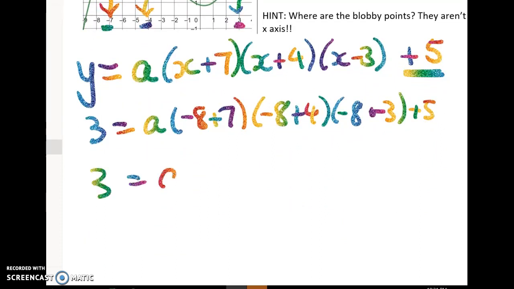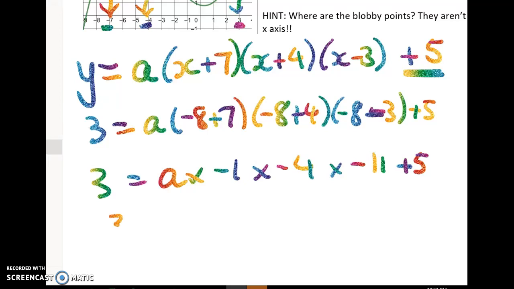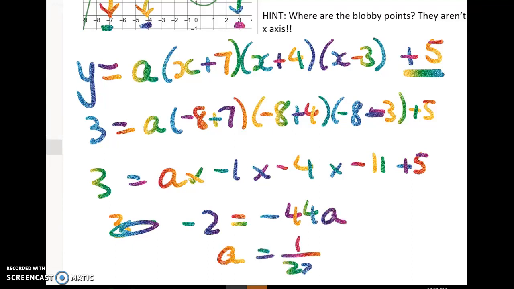I get 3 equals a times negative 1 times negative 4 times negative 11, plus 5. It would be good if I'd worked that out. Let's see. So negative 2 is equal to negative 44a, which gives me a is equal to 1 over 22.